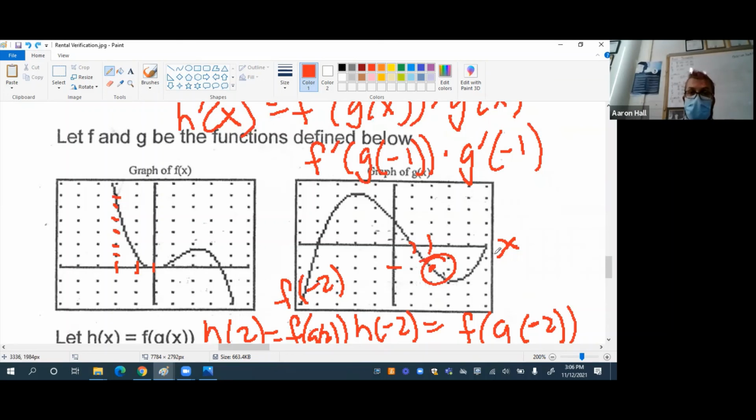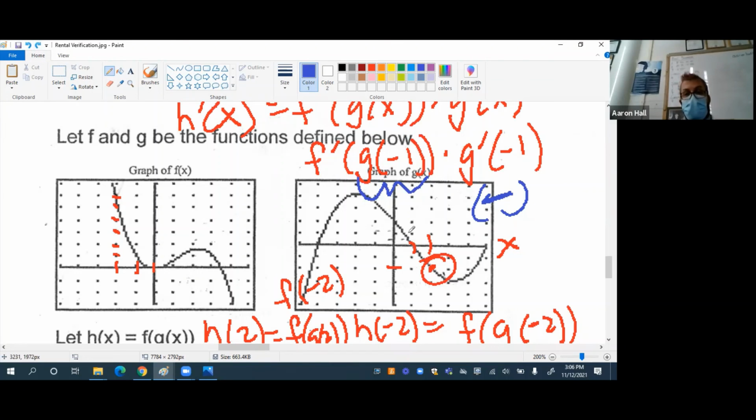So I'm going to use a different color. That is negative. Now let's do this piece here. Is that asking for a slope right here? No, it's just a value. That's my y value. So let's look at g.